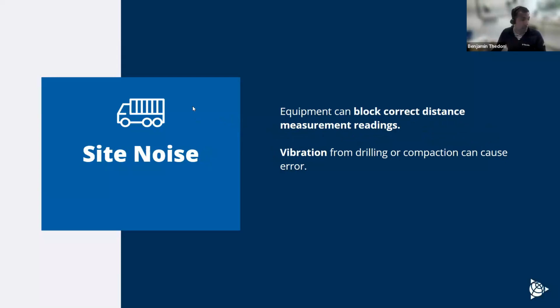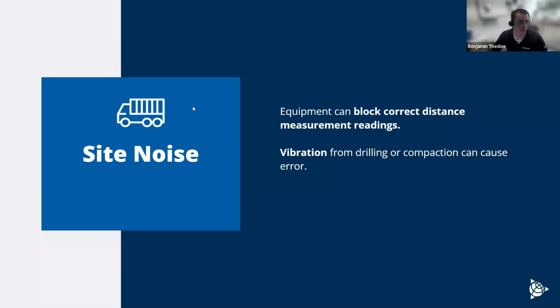The site noise. So site noise can be an external error. For example, if an equipment blocks your data logger, like if you have a truck parked in front of it, you can lose some connection.